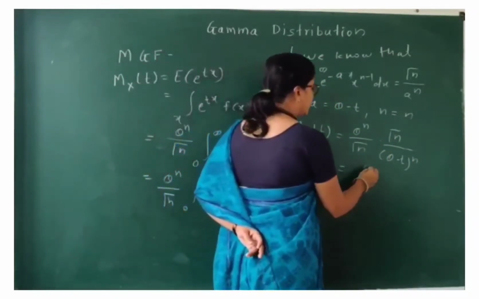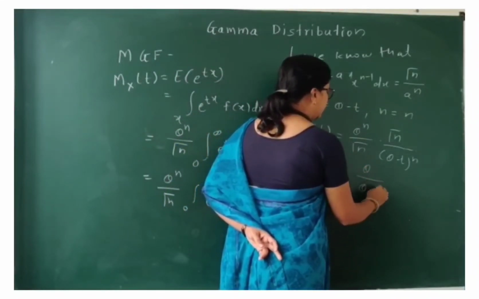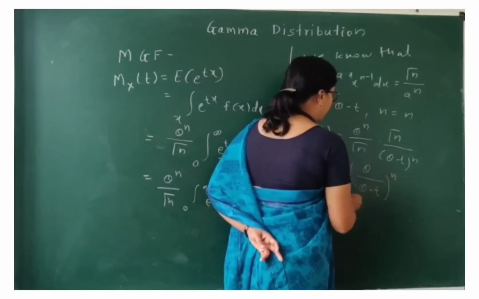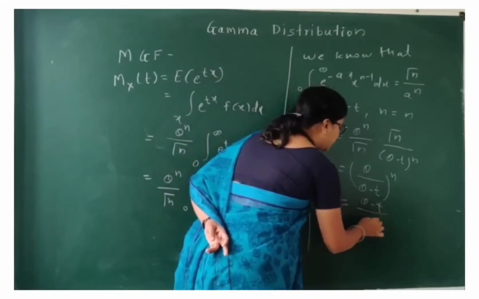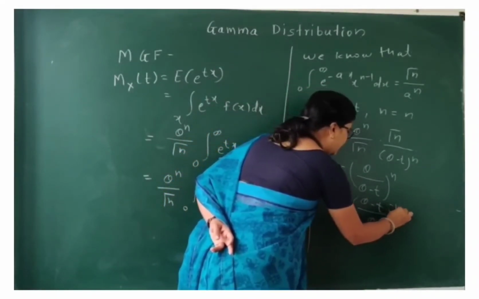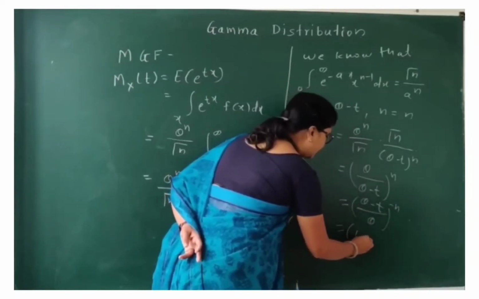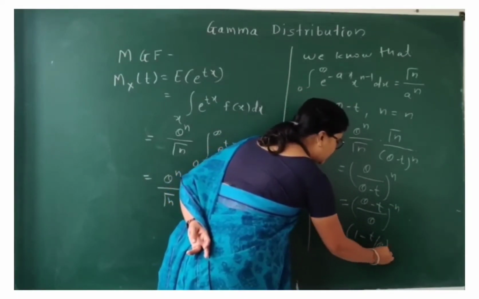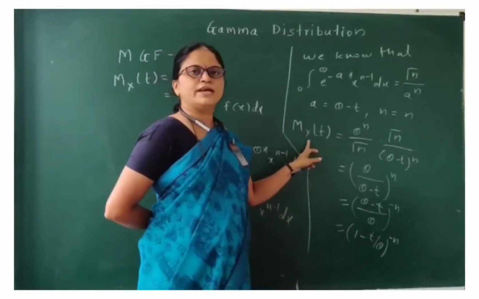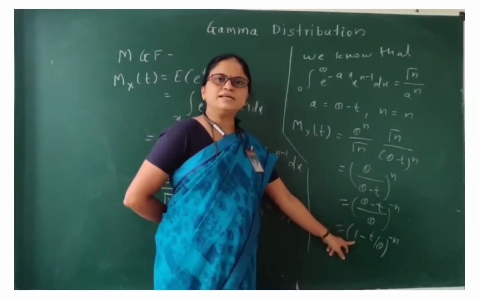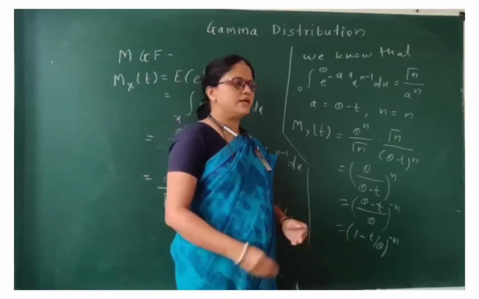We have the term as theta divided by theta minus t raised to power n. We can write this as theta minus t divided by theta raised to minus n, and hence we get this as 1 minus t by theta raised to minus n. So the MGF of the gamma distribution is 1 minus t by theta raised to minus n.